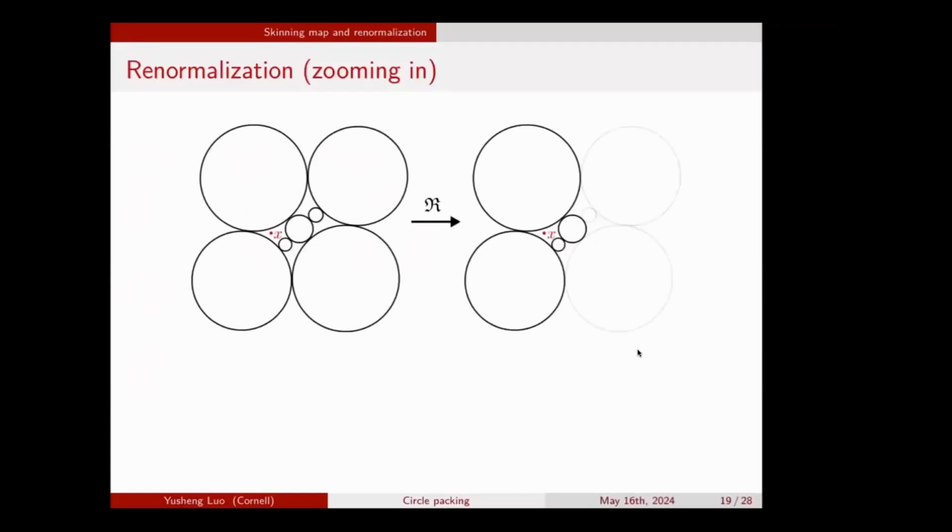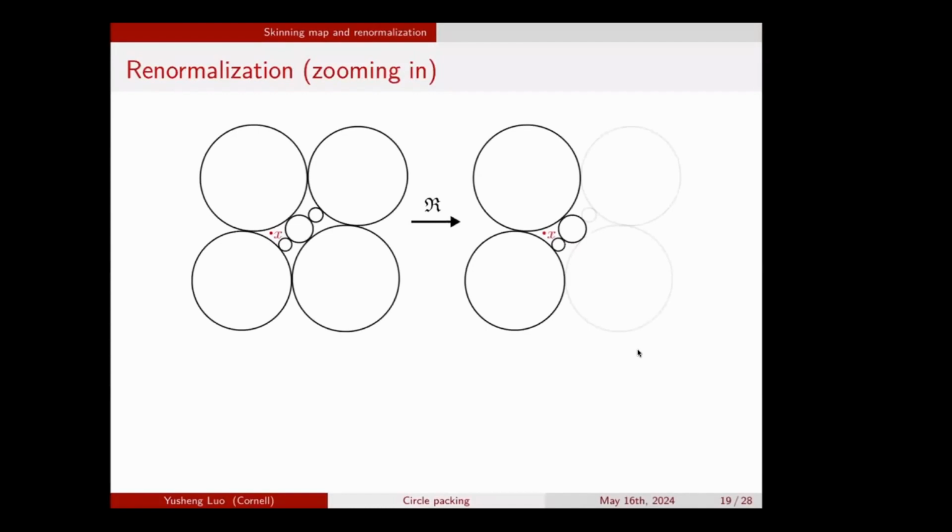And let me also tell you a little bit about another version of the finite approximation. Instead of zooming out, when we start with a finite circle packing with a lot of details and then look at more and more shallow levels of the circle packing, we can also do the other operation, zooming in.